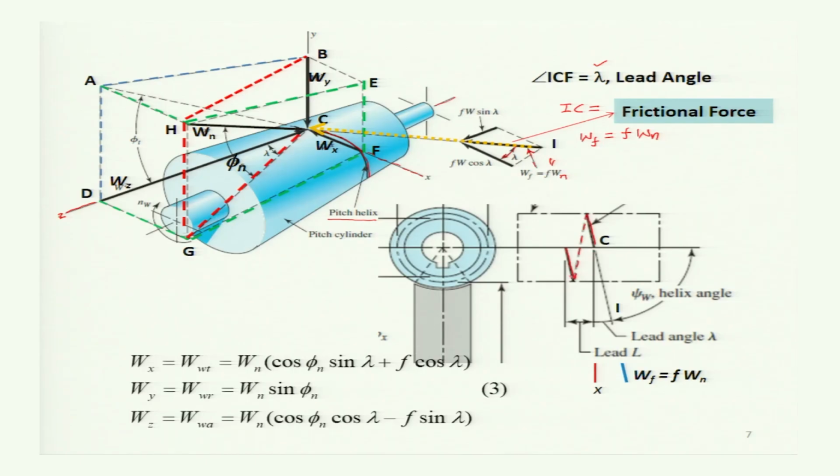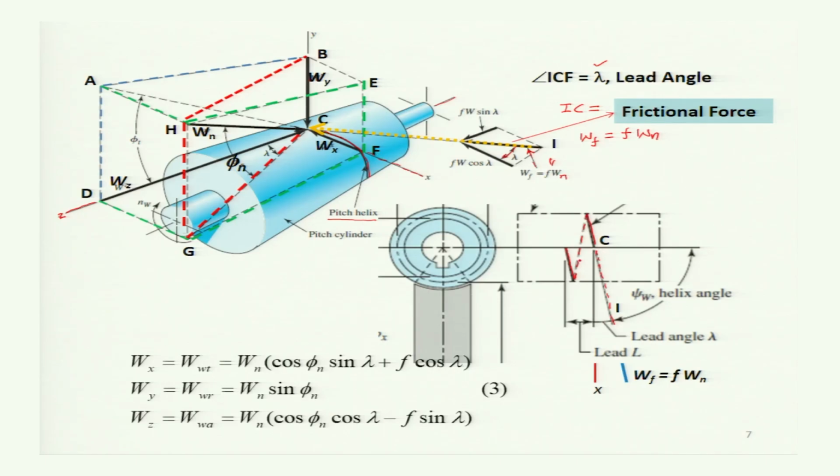So this is one thread which is wrapped on the worm. Tangent to this thread is your Ci, so it is shown here as Ci, and a line perpendicular to the axis is your Cf.